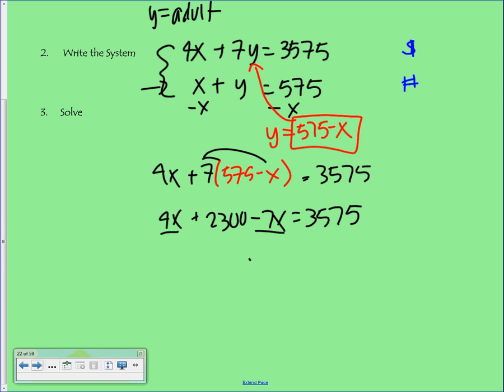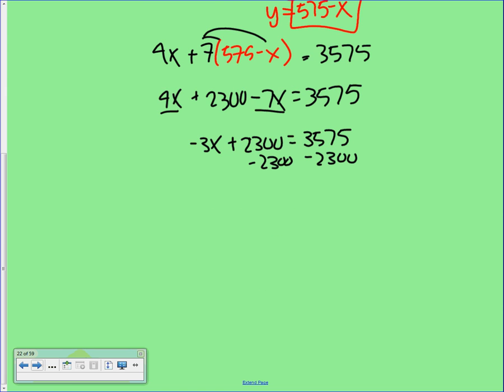I'll go ahead and put my x's together. That's a negative 3x plus 2300 equals 3575. So I'll subtract 2300 from each side. Hopefully we're getting really good at this because we've done a lot of examples now. Negative 3x equals 1275, divided by negative 3, and that should give me 425.